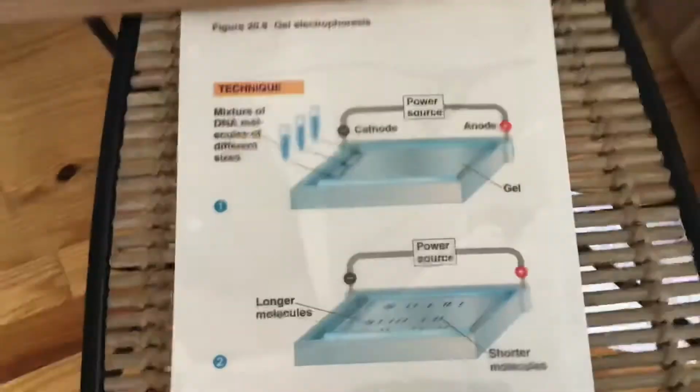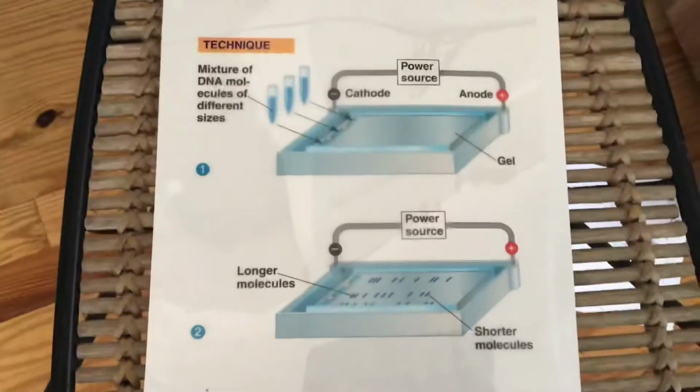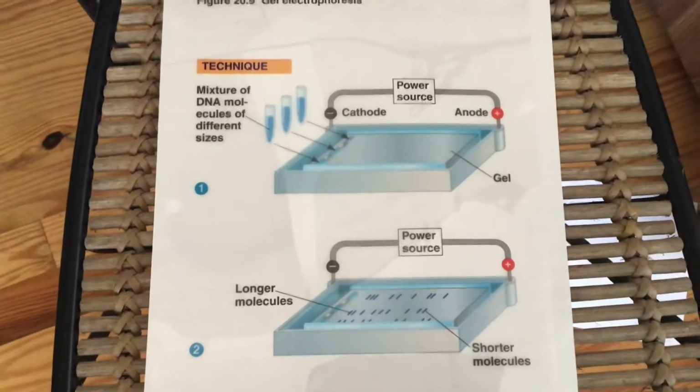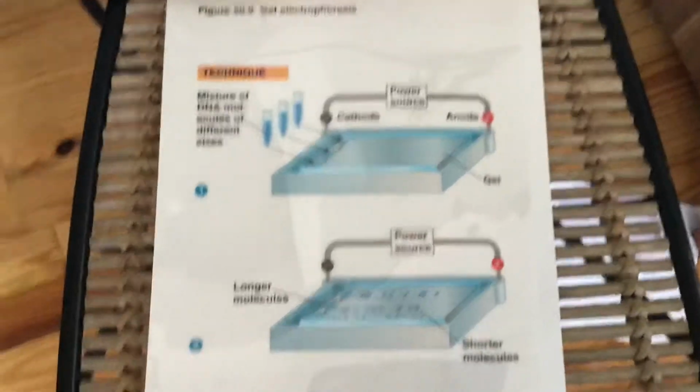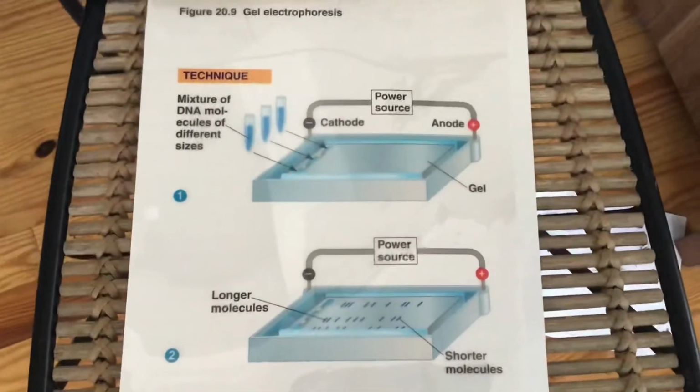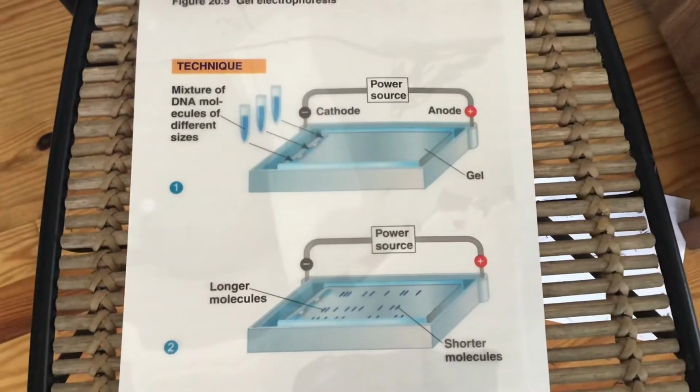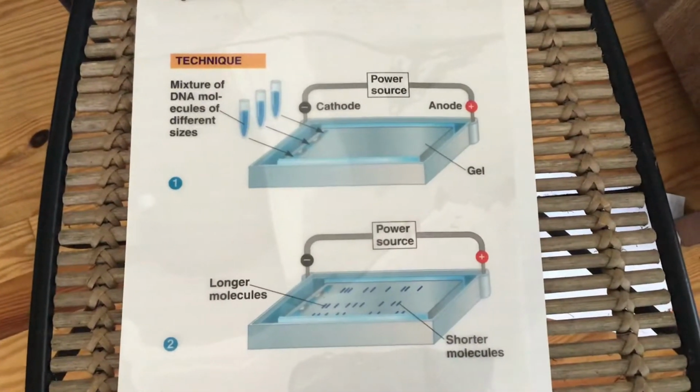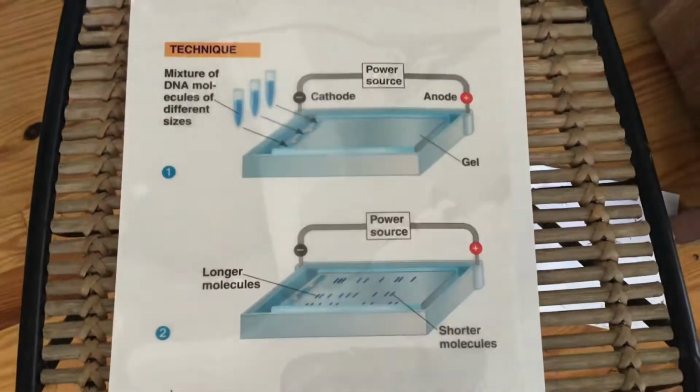Now, normally we would have done this in lab and talked more about it in lab, but since we didn't have time to do it, we'll talk about it a little bit right now. So what happens in gel electrophoresis is that I have cut out perhaps a piece of DNA that I want to use for something like, again, maybe a crime scene.